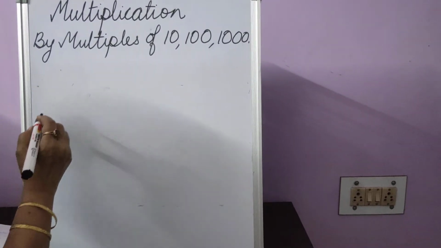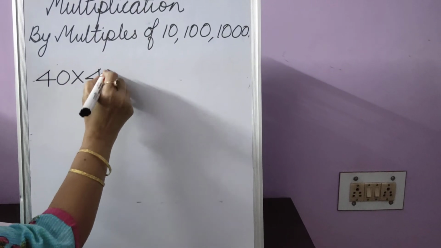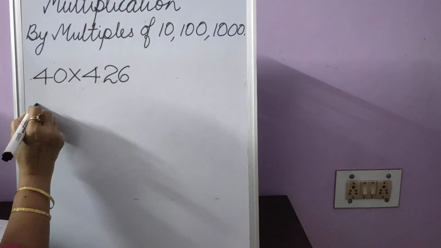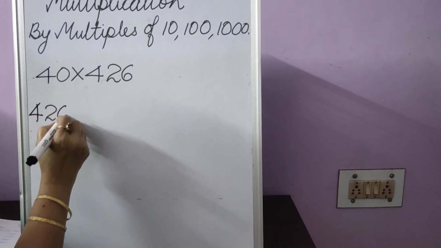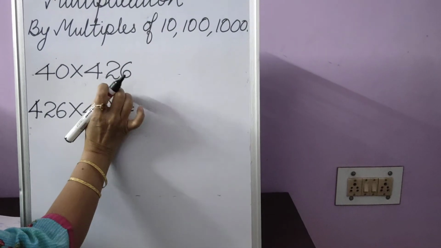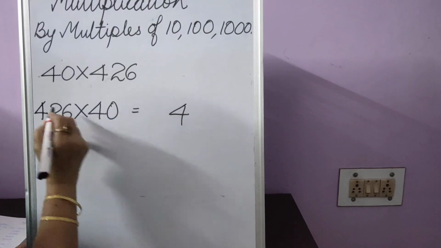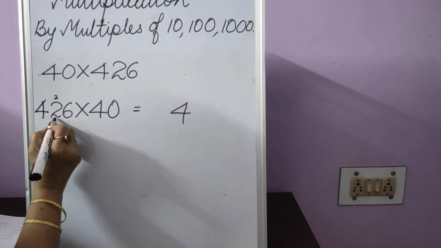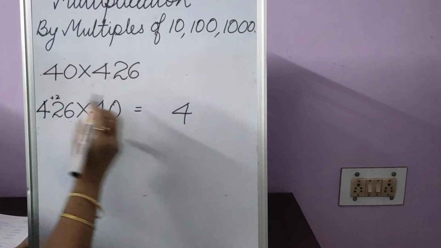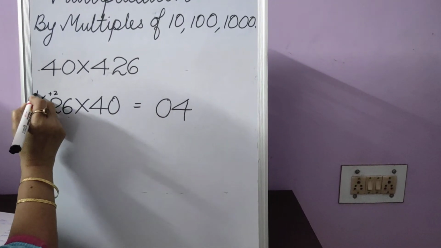So your sum was 40 multiplied by 426. I shall make this as 426 multiplied by 40. Sum remains the same. Leave out the 0. 4 6s, 24. 4 carry over 2. 4 2s, 8. Plus 2, 10. 0 carry over 1. 4 4s, 16.